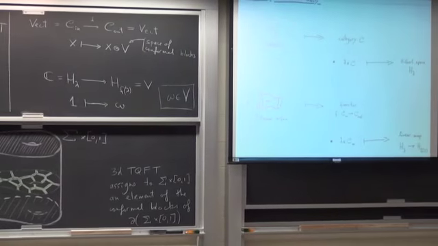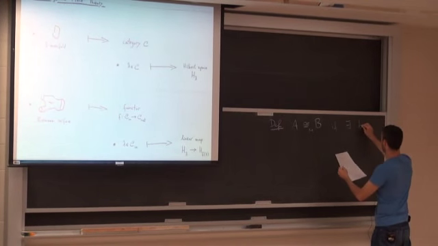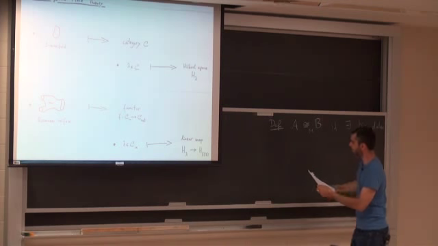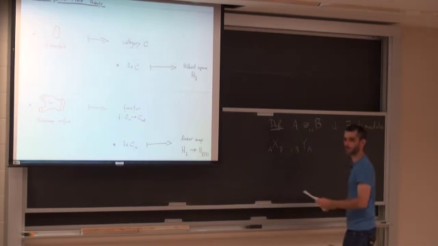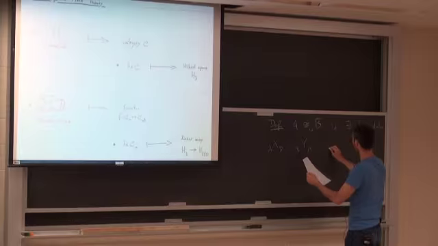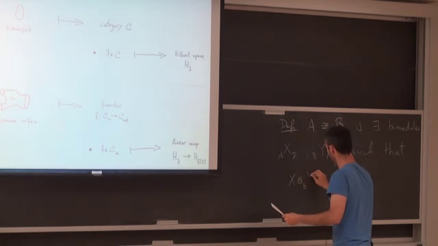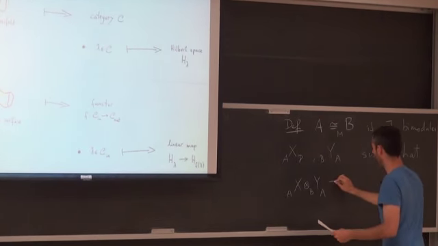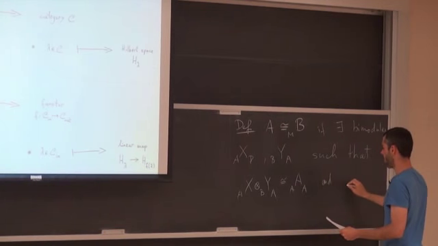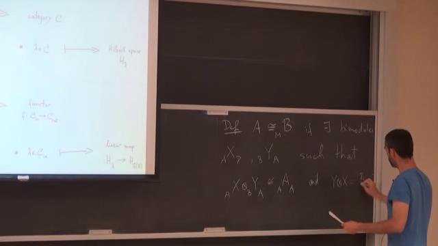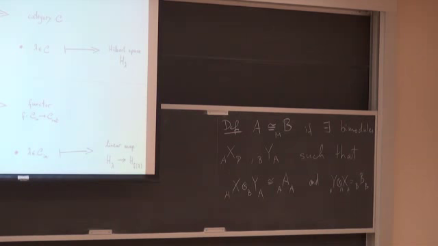So two algebras A and B are Morita equivalent if there exist bimodules, an AB bimodule that I call X, and a BA bimodule that I call Y, such that X tensor with Y over B is isomorphic to A as an AA bimodule, and similarly Y tensor X is isomorphic to B as a BB bimodule. That's the usual notion of Morita equivalence.